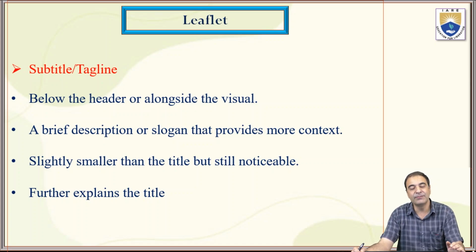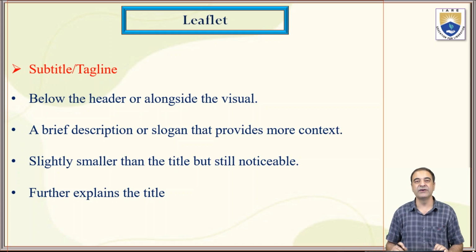And the next thing about this subtitle or the tagline is a brief description or slogan that provides more context. We often provide this subtitle or the tagline with a brief description or slogan that provides more context.